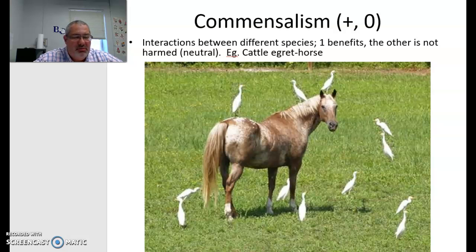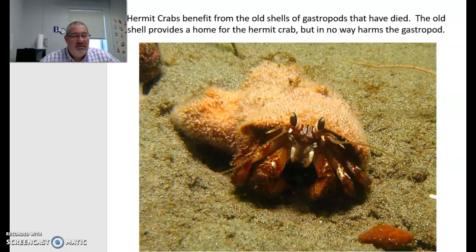Perhaps the insects jump, move, and that movement is noted by these cattle egrets, and it provides them with an easier food source. It enables them to catch food, maybe grasshoppers, crickets, other insects in the grass, a little bit easier. So a commensalism. One benefits, but the other is not harmed.